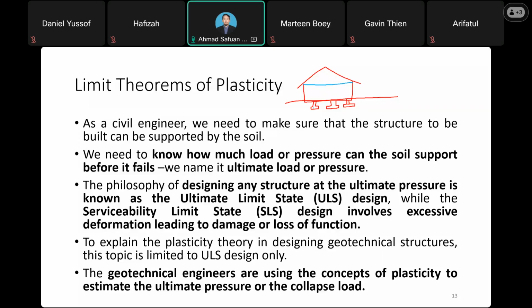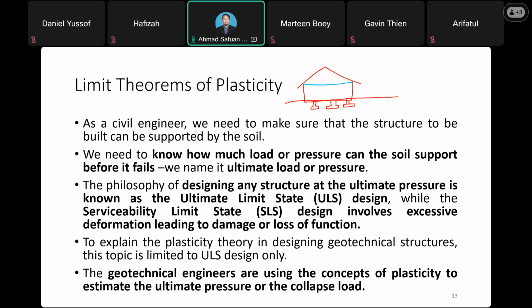For the SLS, it is more related to the elastic theory. So when we discuss plasticity, we will not discuss soil deformations, only the ULS issue when we deal with soil plasticity.